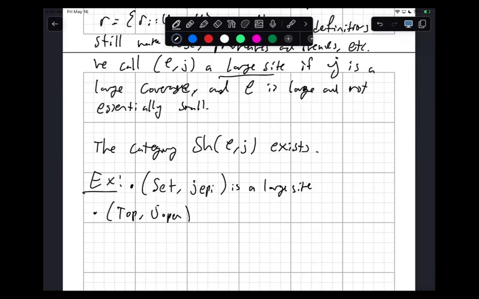Now, there's one really interesting example I just want to mention quickly, and I'm not super familiar with this, but I found it really interesting. There's something called condensed sets, and this has been making the rounds in arithmetic geometry and algebraic geometry.